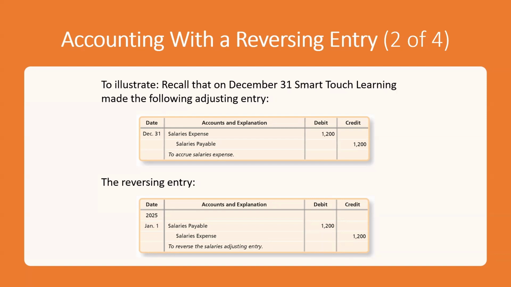Again, the reversing entry is dated the first day of the new period. It is the exact opposite of the adjusting entry. Ordinarily, the accountant who makes the adjusting entries will also prepare reversing entries at the same time.